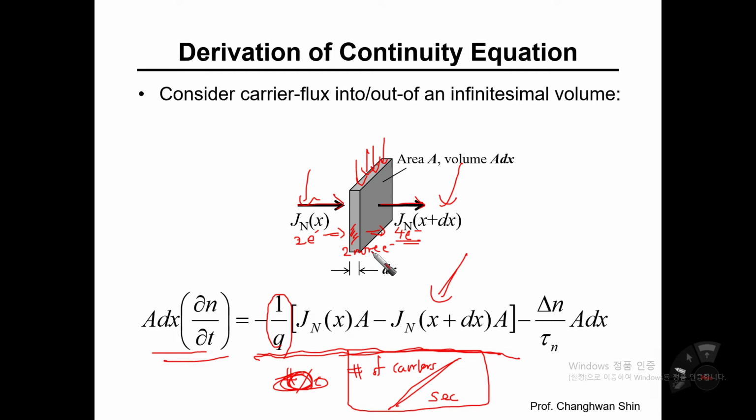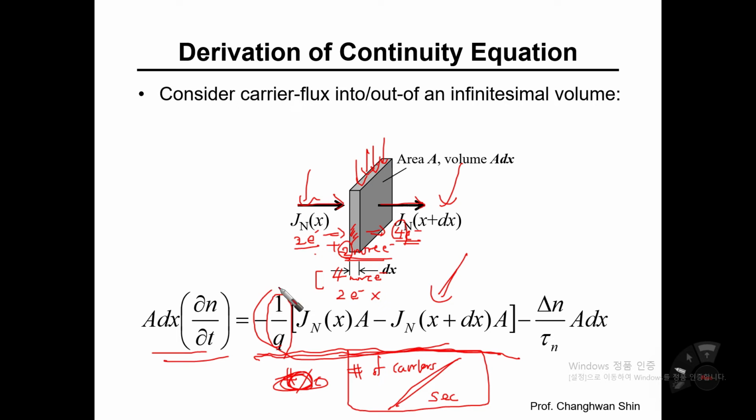That's true. But I would say, not quite 2 more: 4 more electrons would be newly created, but 2 electrons are annihilated or recombined with holes. So 2 electrons have gone, but the net number of electrons created within the volume is still 2. Then 2 plus 2 is equal to 4. That's true.